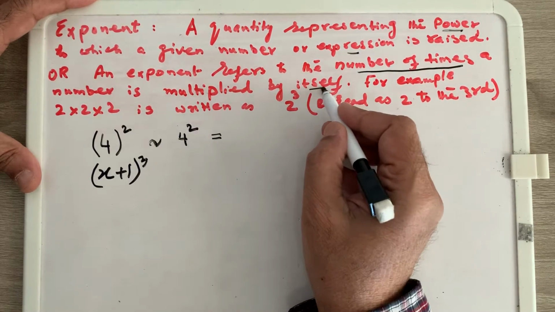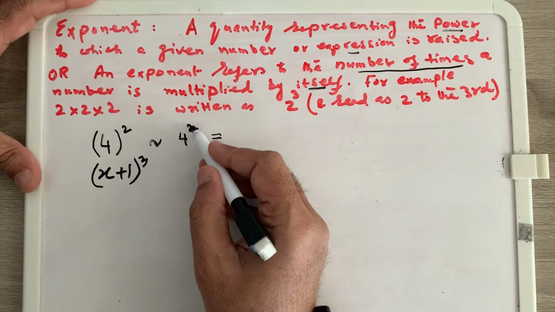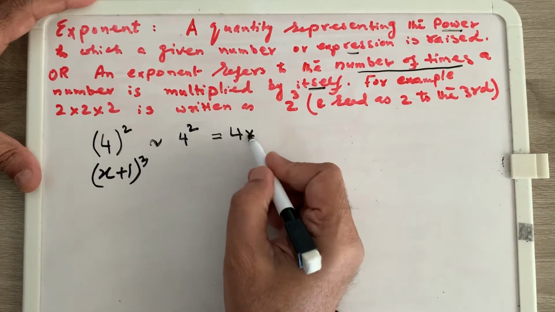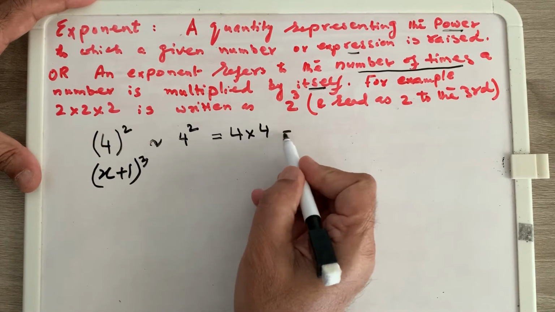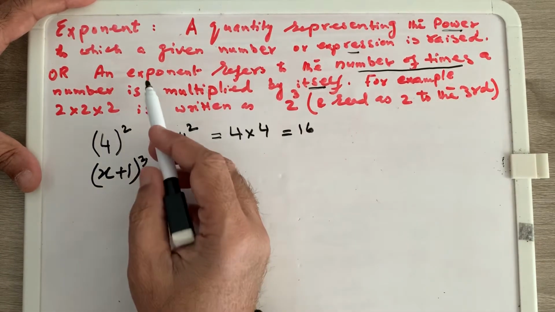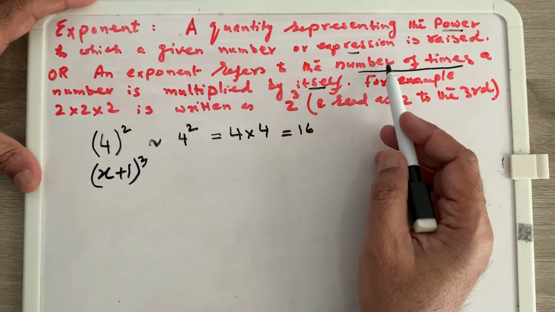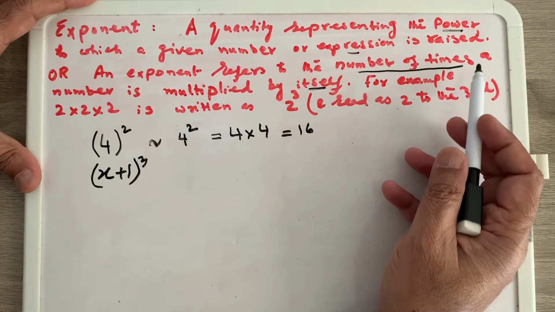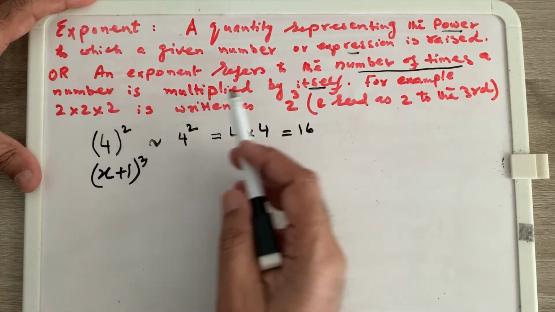How many times is it multiplying by itself? 2 times. So 4 times 4, that is 16. Right? So an exponent refers to the number of times a number is multiplied by itself.